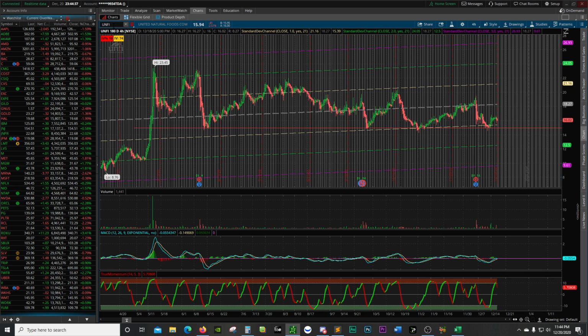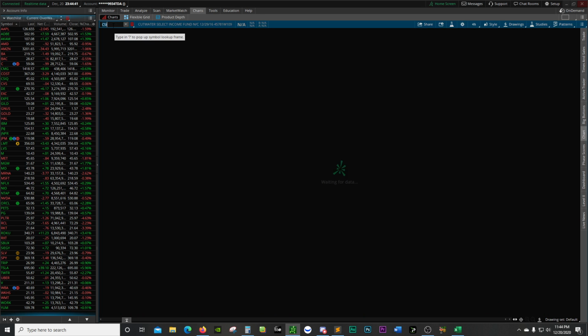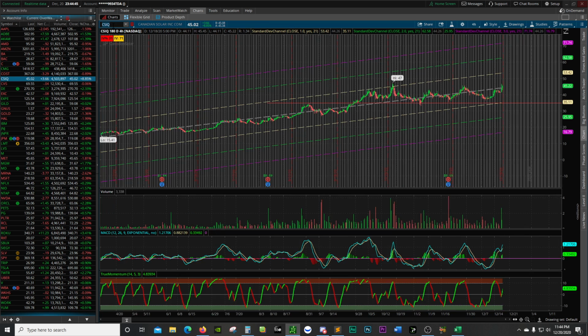The next stock I had was CSIQ. That's one of my favorites. Yeah, I like it too. Canadian Solar. Honestly, this one was just an impulse. I wanted to swing it.